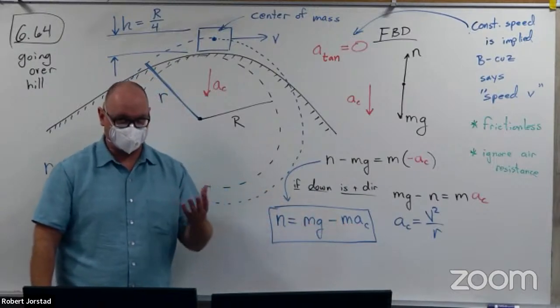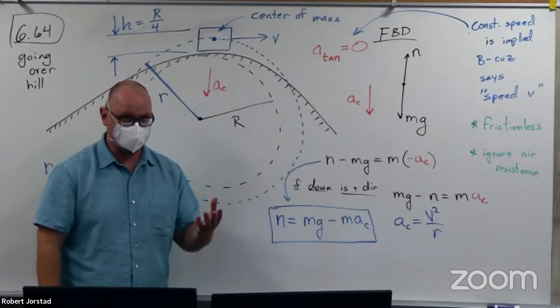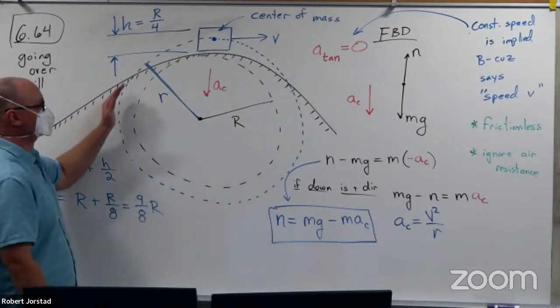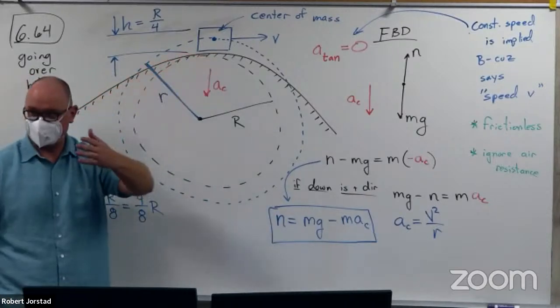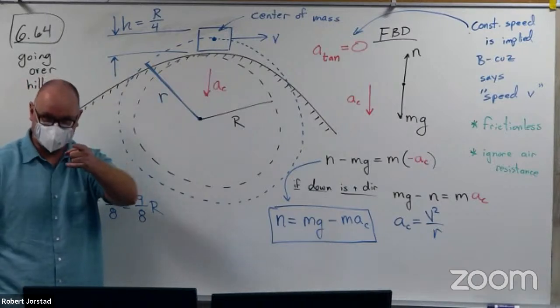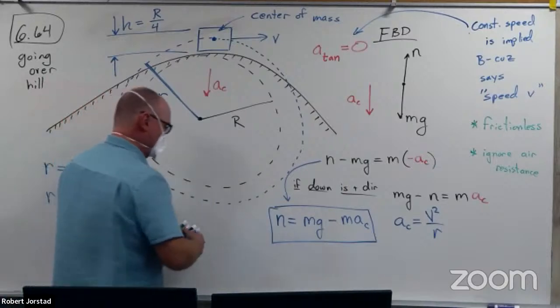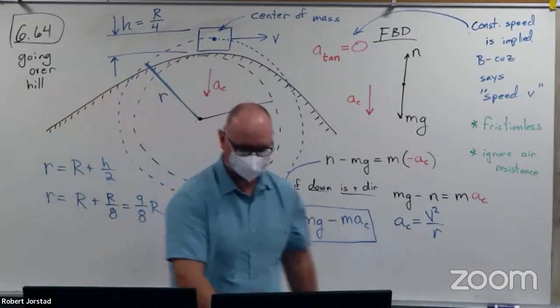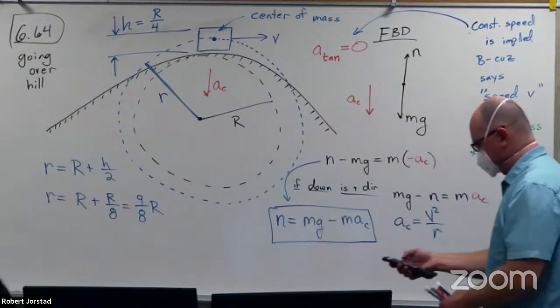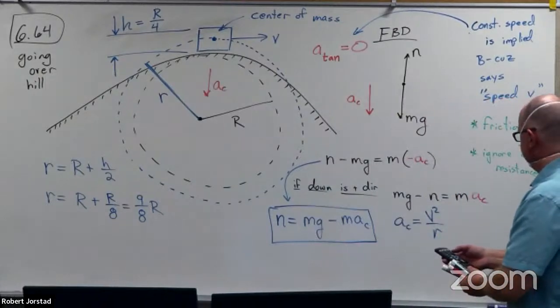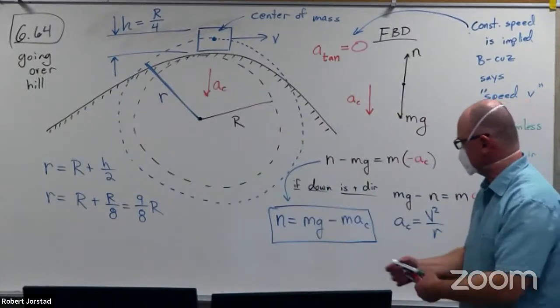Is there some logical limit? What happens if you go too fast? Fly. Yes. If you fly, what's the normal force? Zero. You lose contact. So how about this? I'm just going to squeeze this in right here.